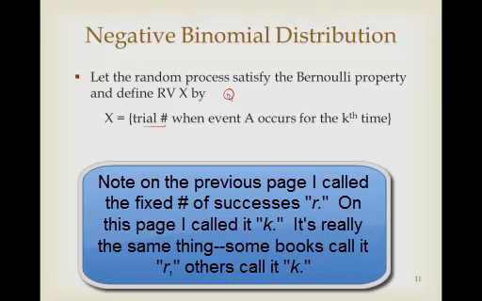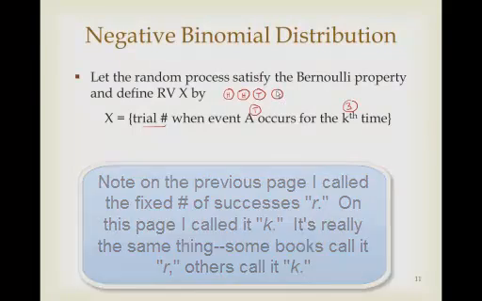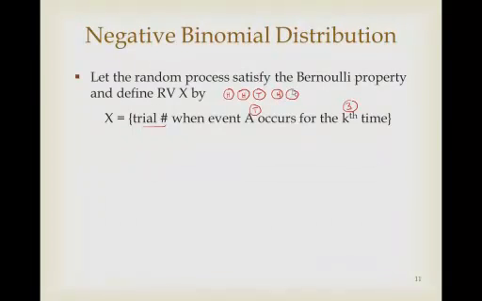So I flip it, I get a head. I get a heads, I get a tails. That's the event I'm looking for, is tails. But I'm looking for where it occurs the 3rd time, say. So we go heads, heads, tails. Oh, that's the 2nd time.